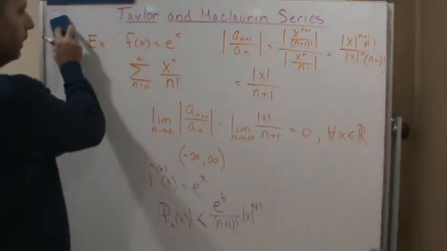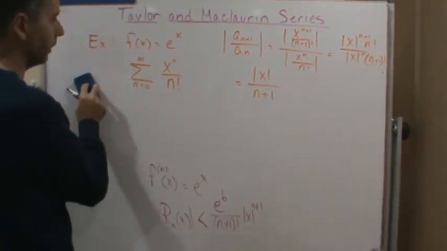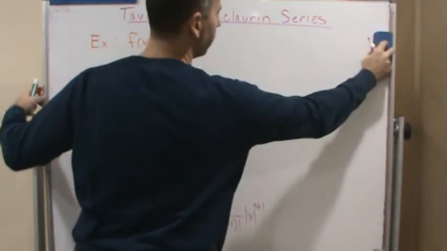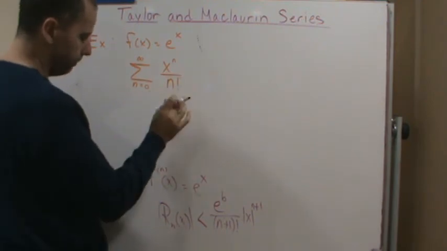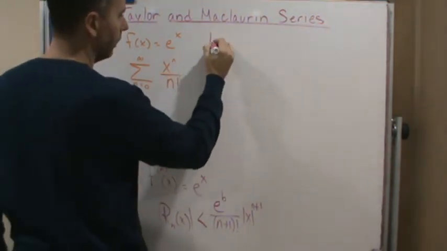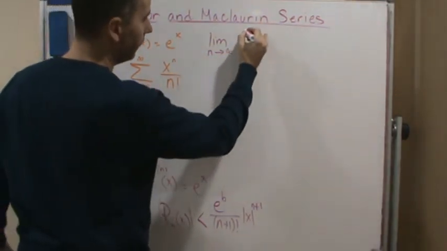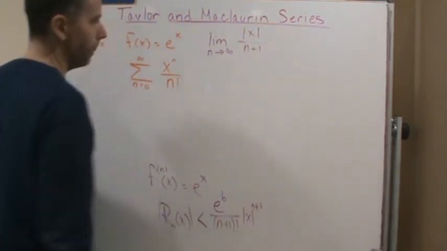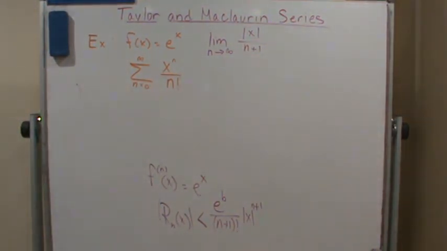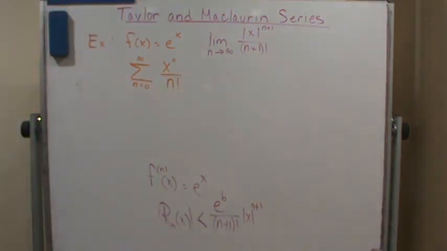Okay, we got this. So we know that the limit as n approaches infinity of the absolute value of x to the n plus 1 over n plus 1 factorial is 0.